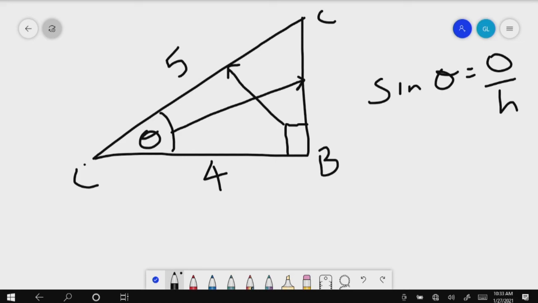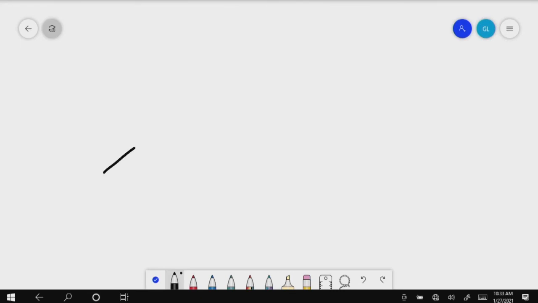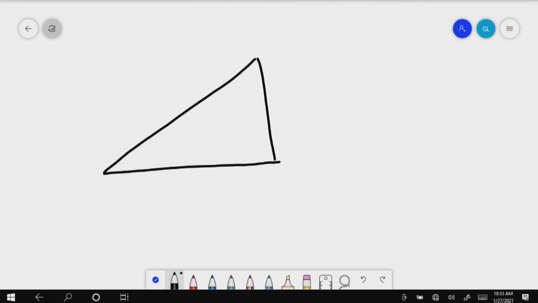So if we could find that side, we will be able to find the size of that angle C. How do we do that? In a right angle triangle, knowing two sides and needing an unknown side, we can apply Pythagoras Theorem. And this is one of the triangles that we've been using for referencing in many of our examples.